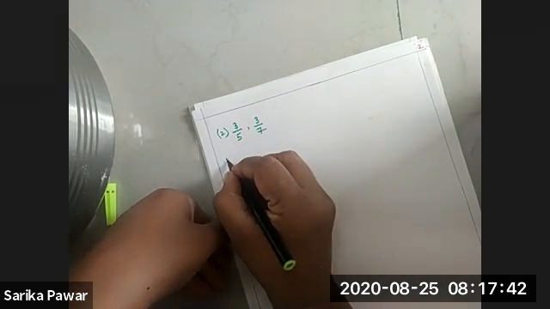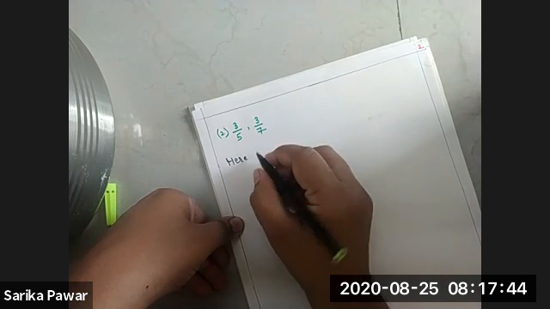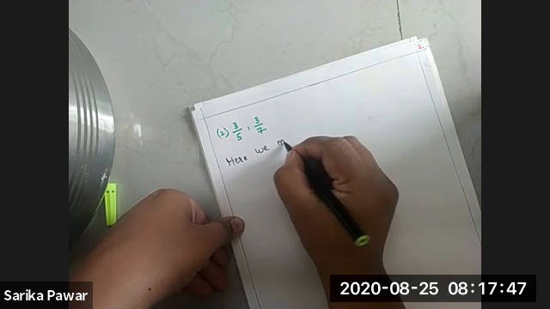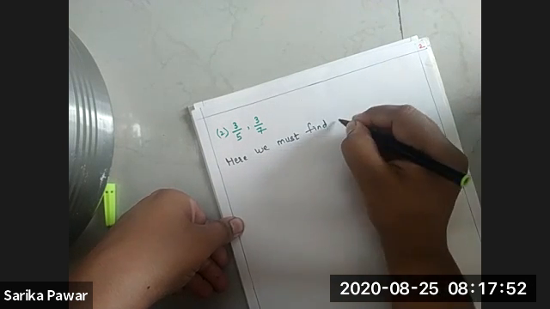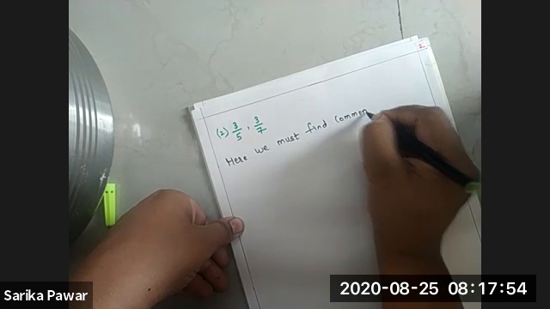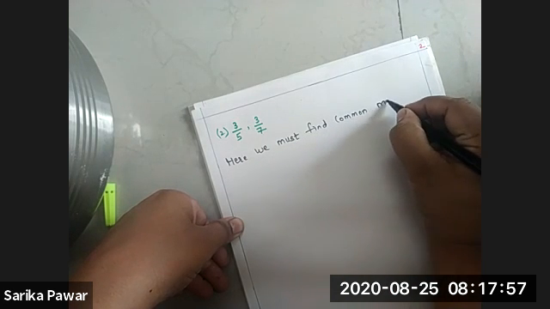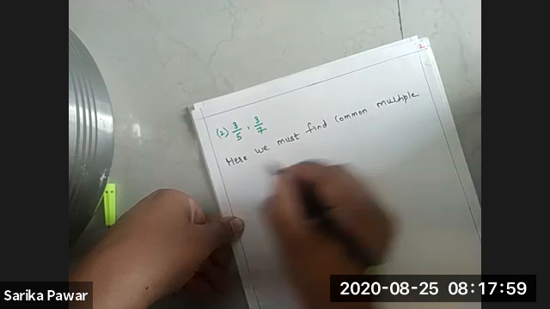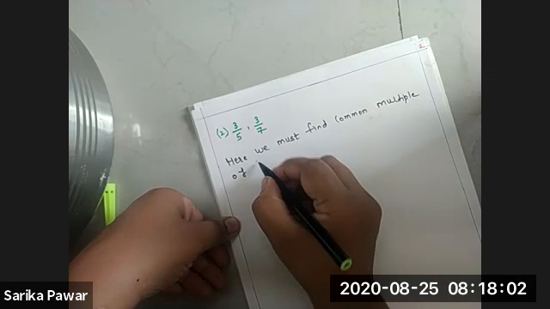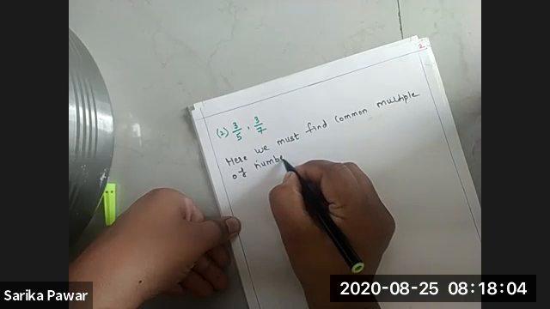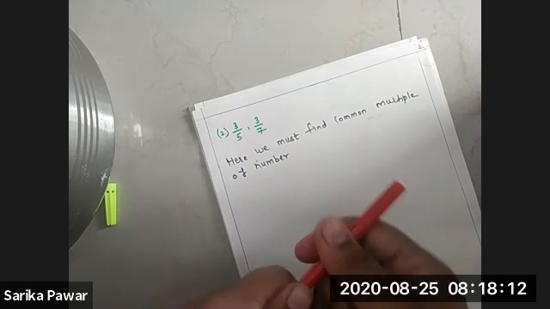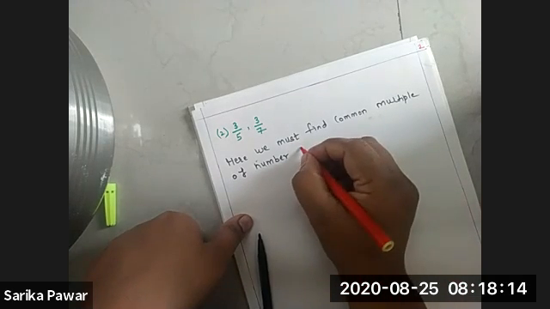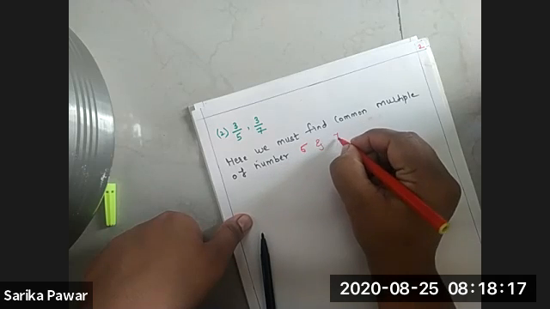Here we must find the common multiple of the numbers 5 and 7.